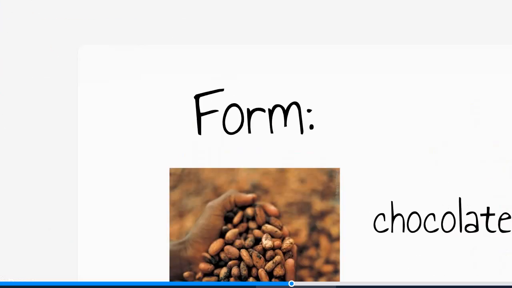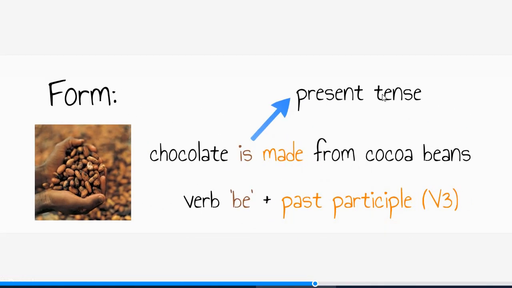So what is the form of the passive? The form of the passive tells you if your verb in the active is in the present tense, put the verb to be, is or am or are, and then put your verb in the past participle. Switch between the subject and the object. Put the object at the beginning and put the subject at the end.